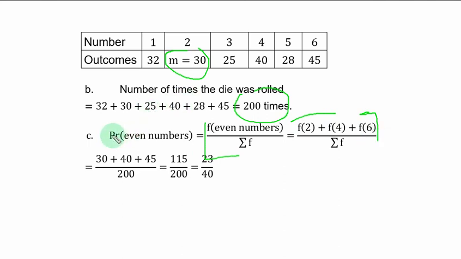Frequency of 2 is 30, frequency of 4 is 40, frequency of 6 is 45, over total frequency 200. When you add, you have 115 over 200, and when you reduce by 5, you have 23 over 40 as the probability of obtaining even numbers.